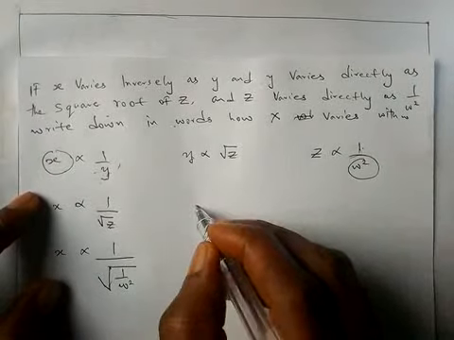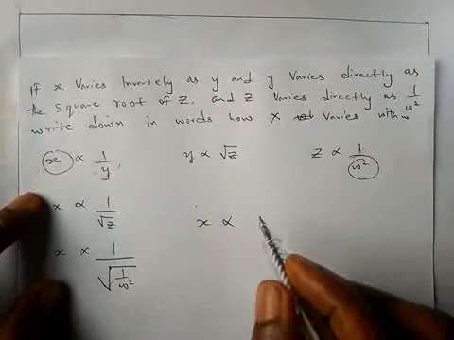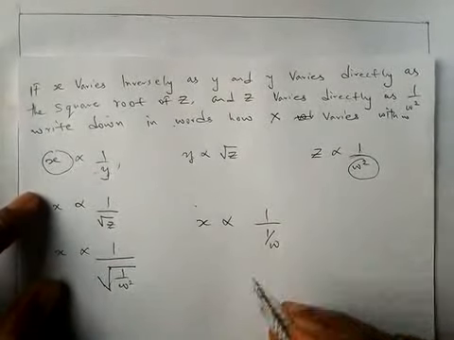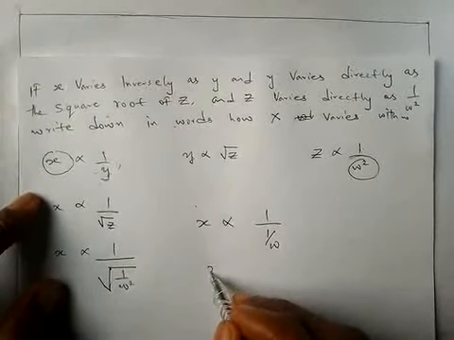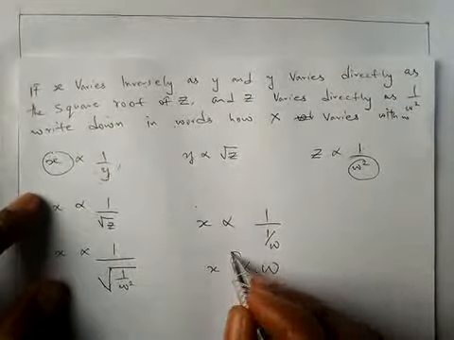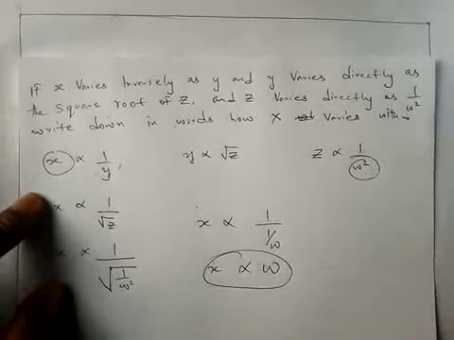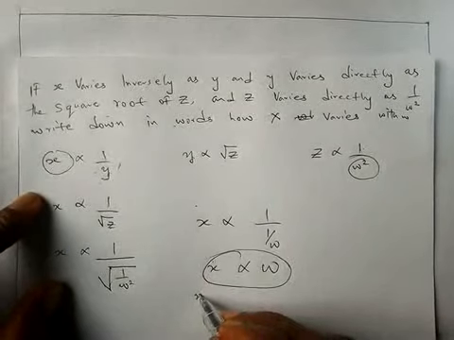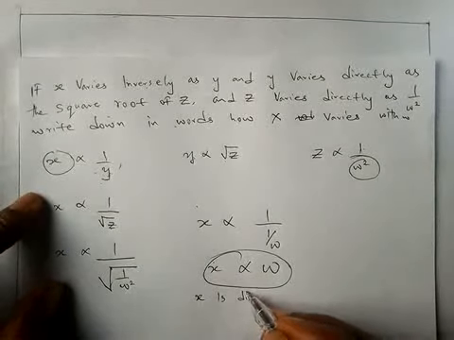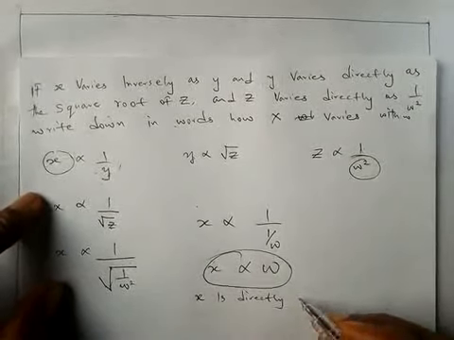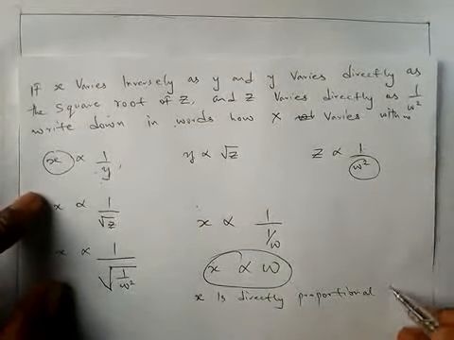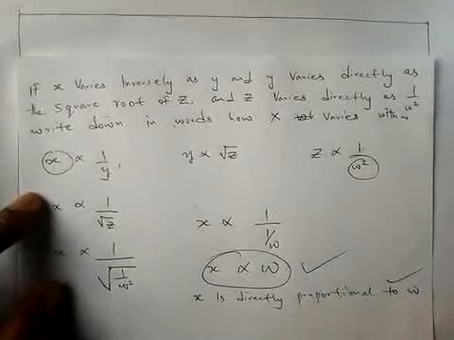So I can say s now is proportional to 1 over, if you find the square root of this, you'll be having 1 over w. 1 over that is going to flip to give you w. So s is directly proportional to w. In words, s is directly proportional to w.